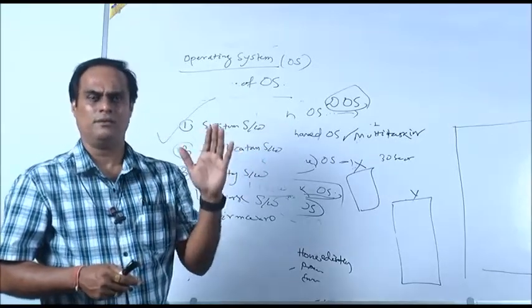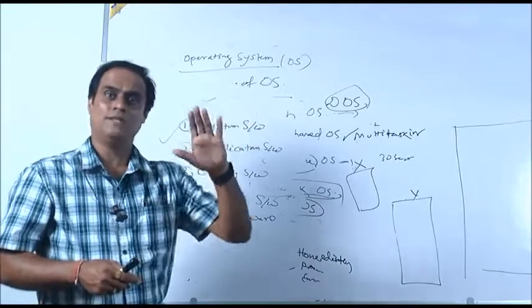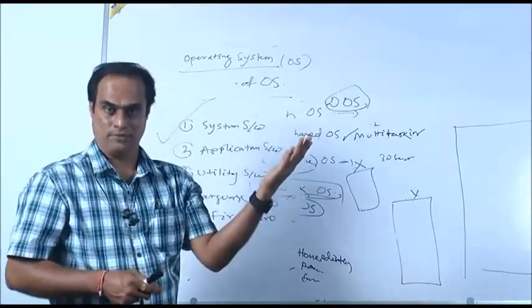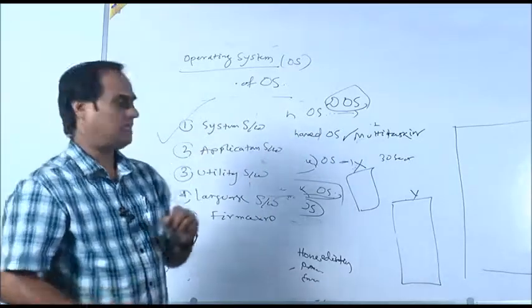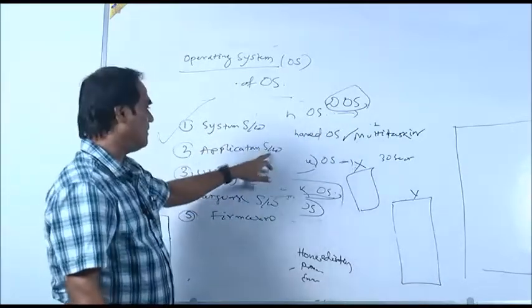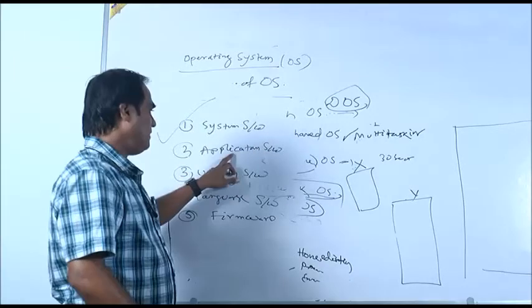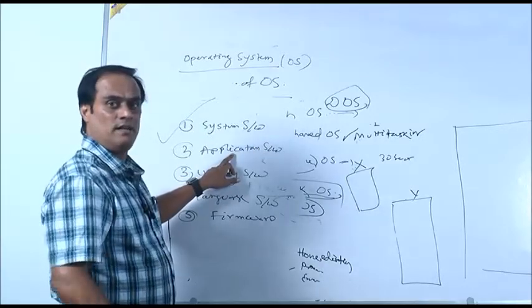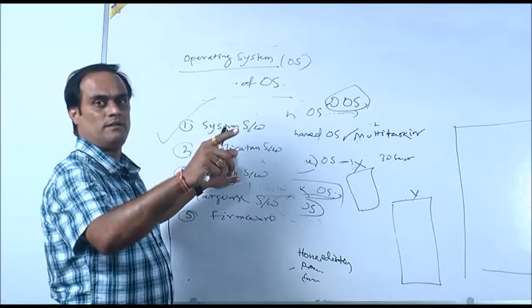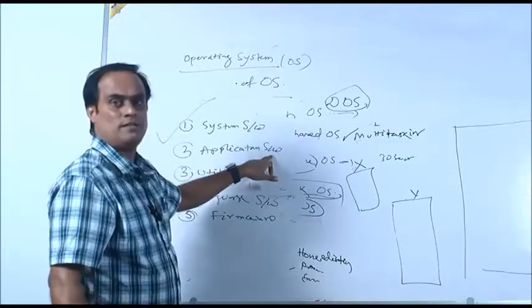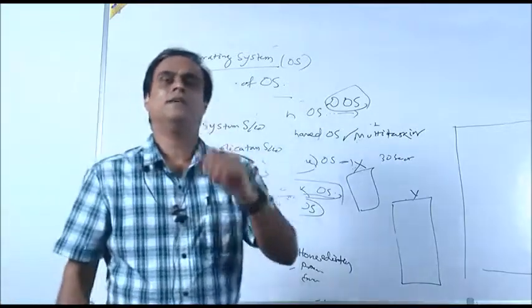Any software which is responsible to run a specific application in an effective way in the computing system, that is the application software. Suppose I want to say MS Word.